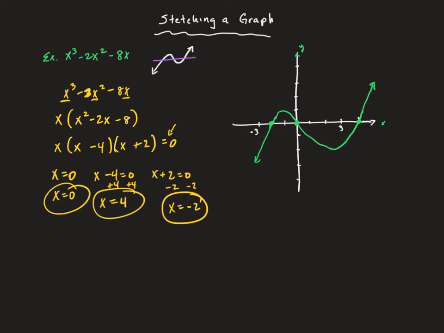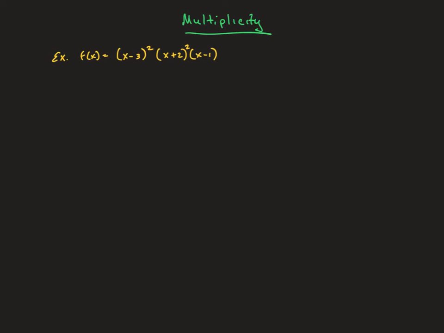In this case, we'll talk about some multiplicity coming up, but each one of my roots only appeared one time. So as we look at graphing again, now this function has already been factored for us. We have x minus 3 squared times x plus 2 squared times x minus 1.